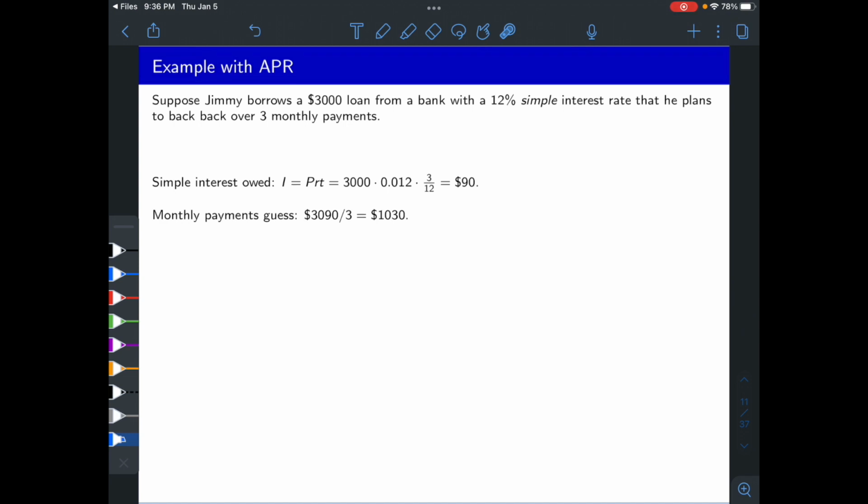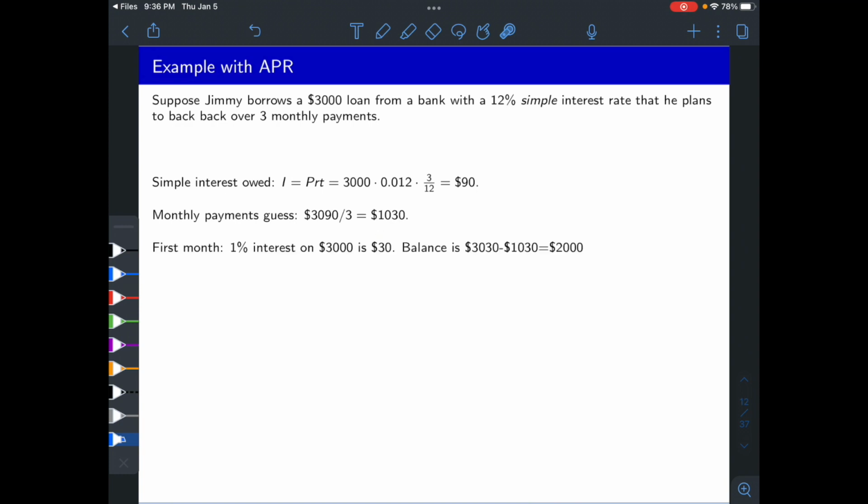That would be a perfectly fine first guess for the monthly payments. But what we're building up to is that if you want the payments to be equal, then this guess is not quite going to work out. It's going to be a little bit of an overestimate, and we'll see why.